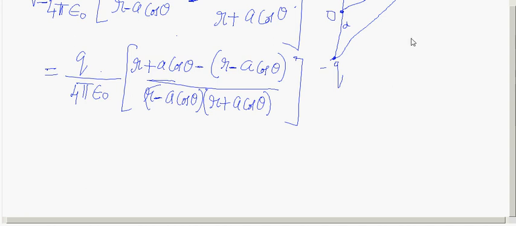So minus of minus plus a cos theta, and minus r plus r here will get cancelled.